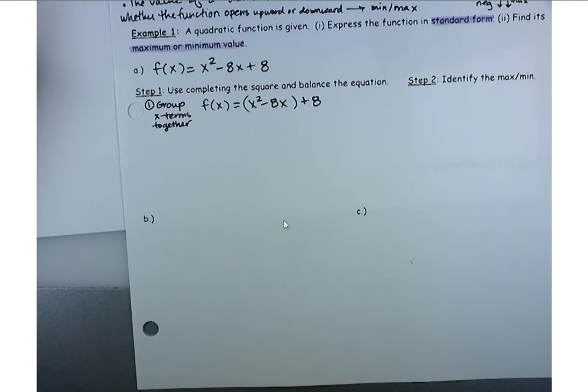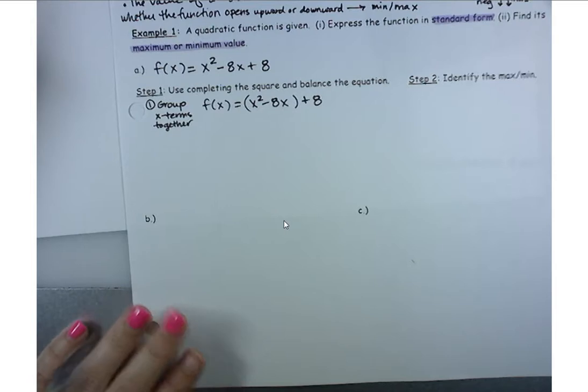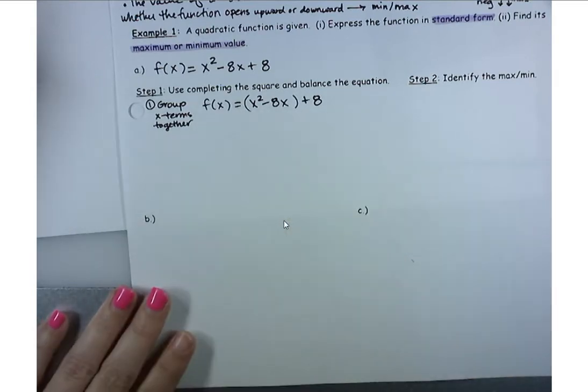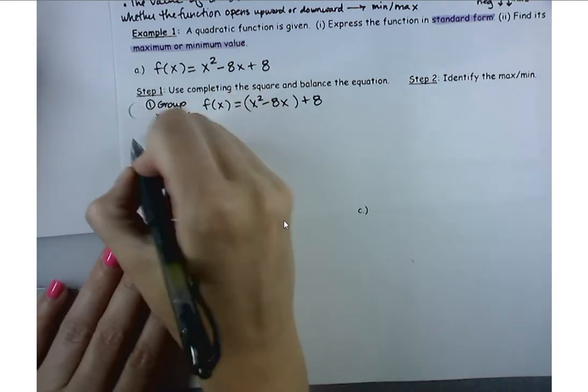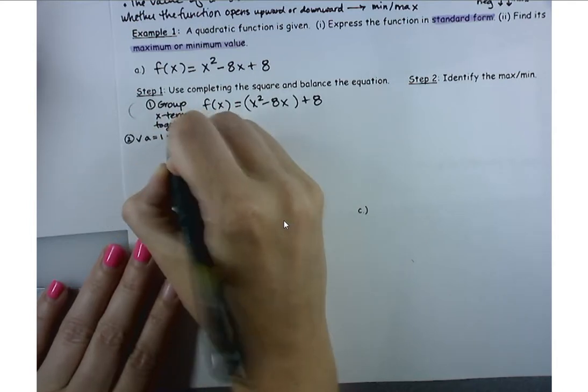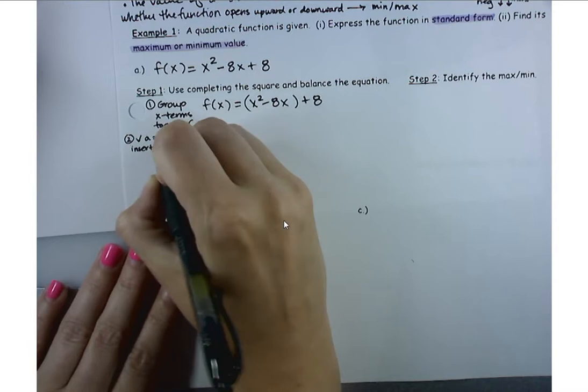Okay, so step 1, group your x terms together. Then what we're going to do is add blank spaces. You do have to make sure that the a value for x squared is what? 1. Okay, so 2, check that a equals 1, and insert spaces.